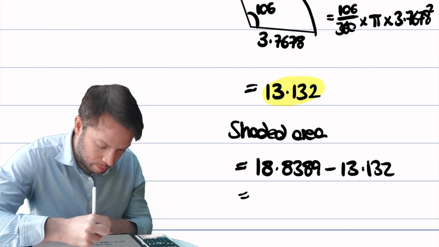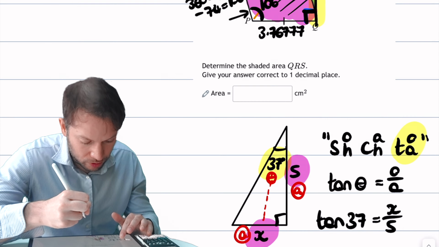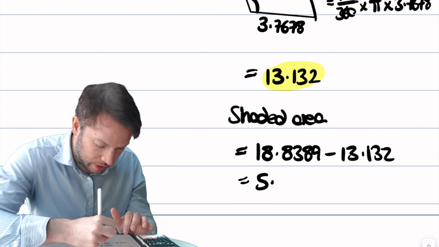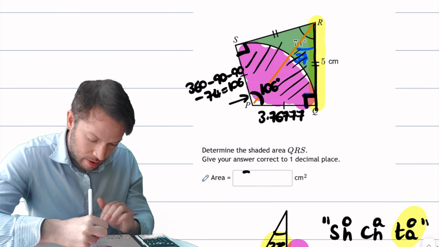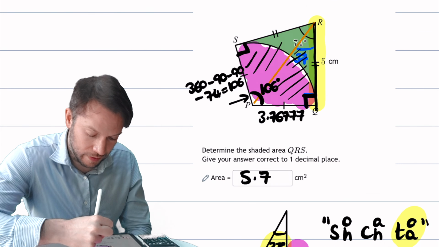That gives me 5 and how many decimal places do I want? 1 decimal place, so it's 5.7 centimetres squared. So that is the final answer, and we are done.